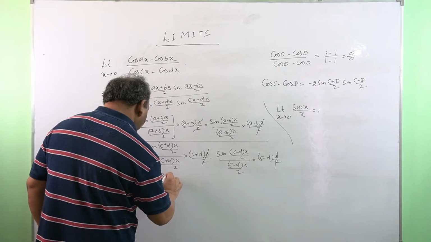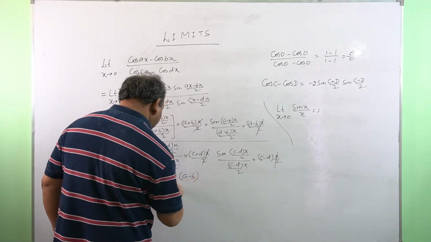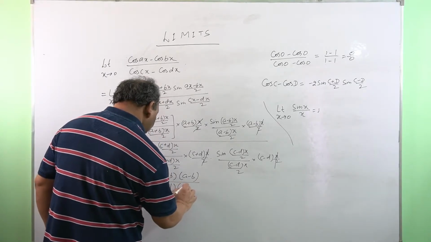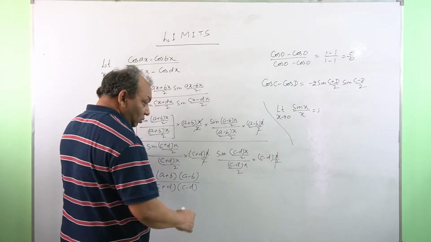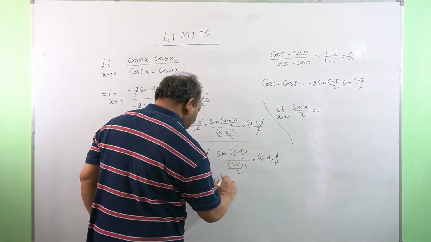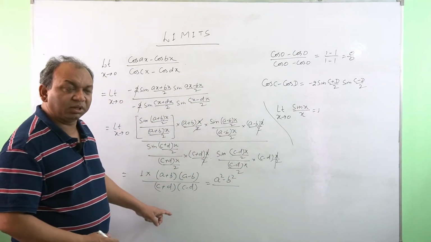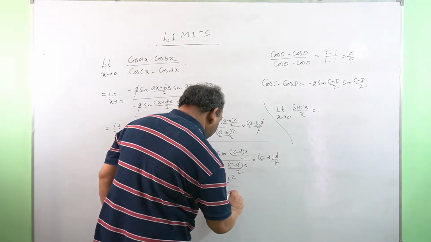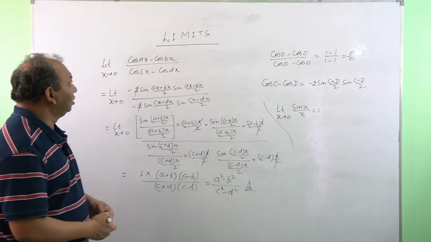So here is (a plus b) into (a minus b) divided by (c plus d) into (c minus d). (a plus b) into (a minus b) is equal to a squared minus b squared, divided by (c plus d) into (c minus d), which is c squared minus d squared. So this is the required answer of this limit.